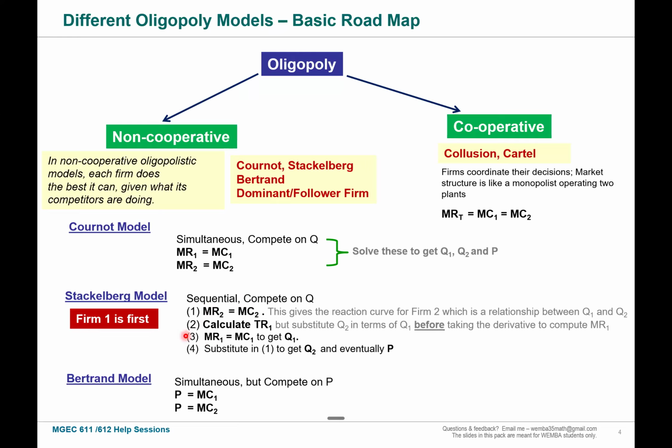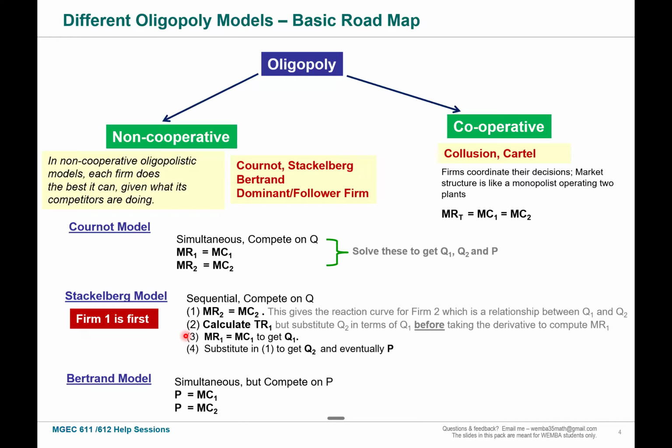But then once you get the reaction curve of firm 2, use that directly in the marginal revenue for firm 1, and that's how you get the reaction curve for firm 1 and the quantity for firm 1.